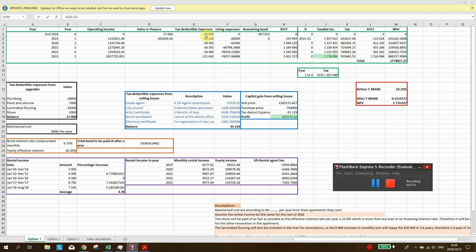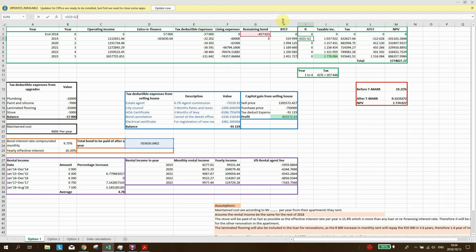The interest is calculated by the remaining bond value and the interest component of 10.2%, the effective yearly interest. We assume she can pay it off in 1 year, as she has a really large salary and can pay the extra fees.